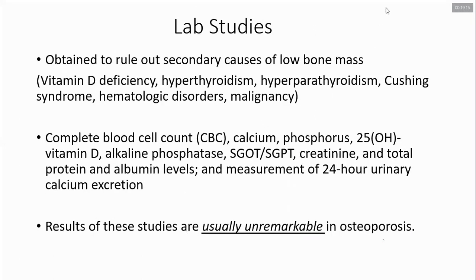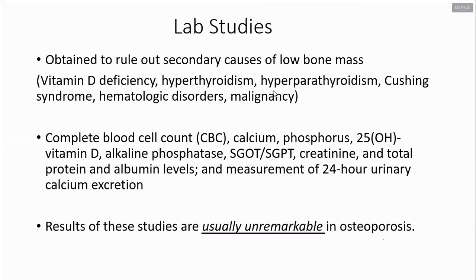So yes, we do lab studies, but they are not of much value, because most of the time they are normal. It is just done so that you are not missing other causes of reduced bone mass, such as vitamin D deficiency, malignancy, or hyperparathyroidism, overlooking it and thinking it is plain osteoporosis and missing out on more serious conditions.